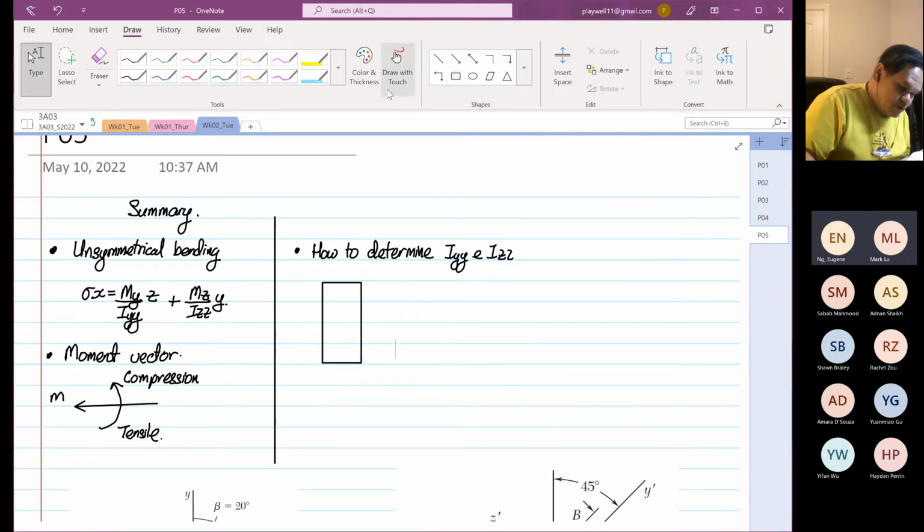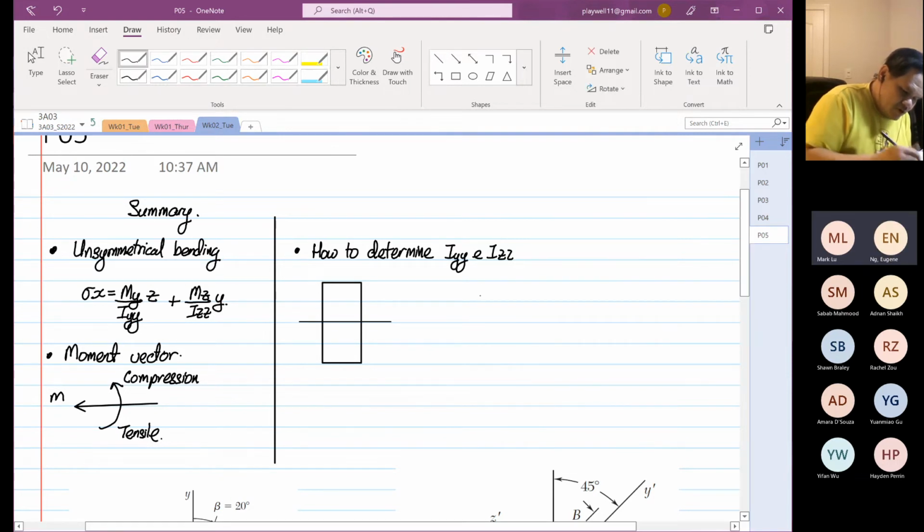Okay, so you just draw a horizontal line and you call this axis. Okay, with that line over there is axis of interest.